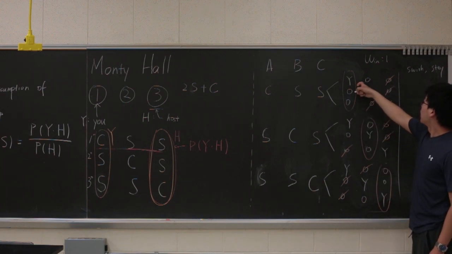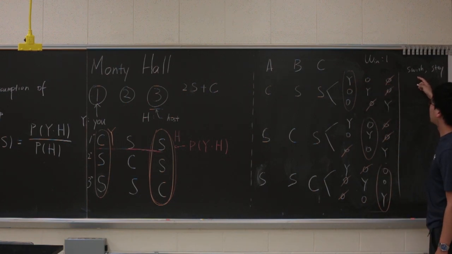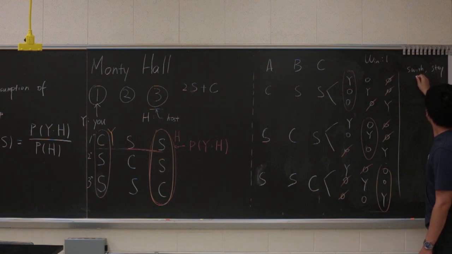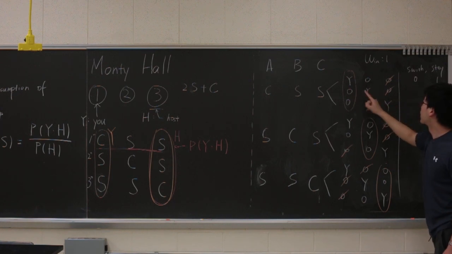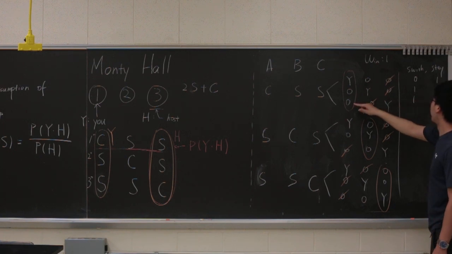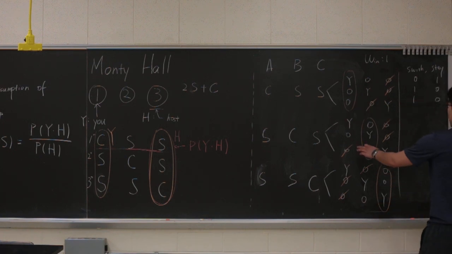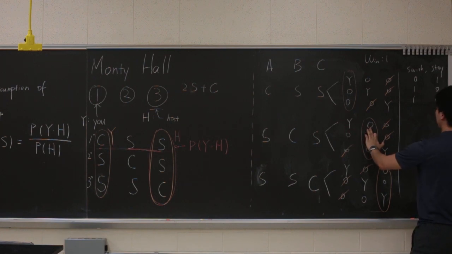As you can see, if you switch here, you won't get the car. If you stay, you get the car. If you switch, you get the car. If you stay, you don't get the car. Same deal here, and same analogy: switch, get the car.